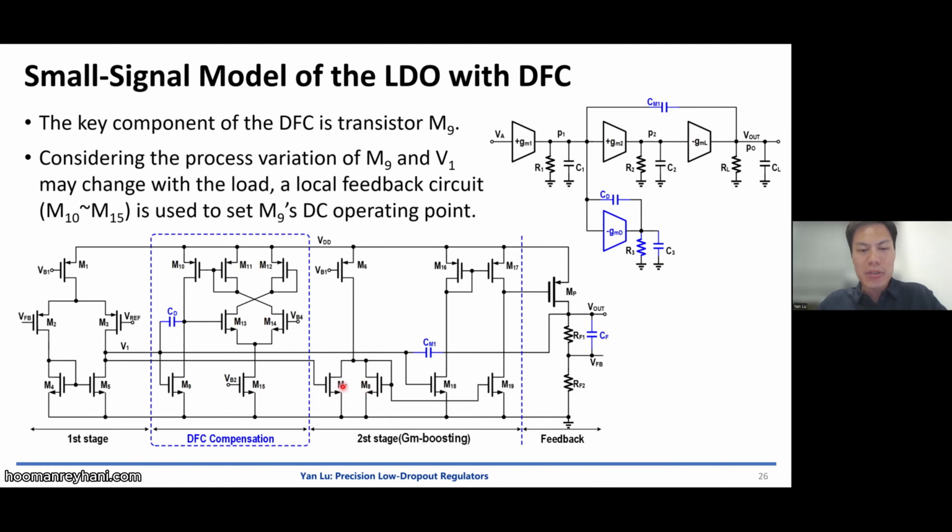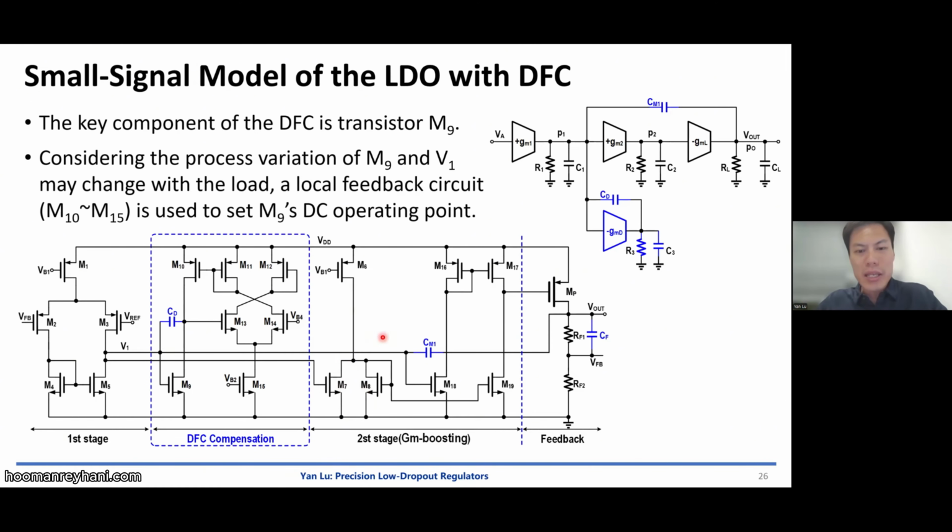So if there's a small delta V on M7, there will be 4 times the current difference. I mean, M7 is 4 times stronger than M8, right? So a small delta V on the gate of M7 will generate a large delta V on the gate of M8. So it's amplified. And the good thing is it does not generate a low frequency pole.